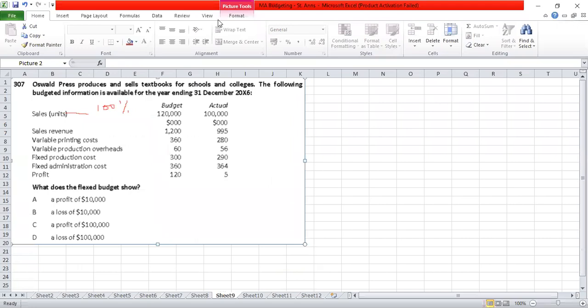One more thing from budgeting: let's work out one flexible budget question. What is the meaning of flexible budget? The process of preparing budgets we call budgeting. The cycle goes in this fashion.